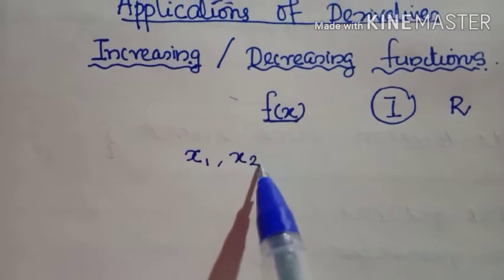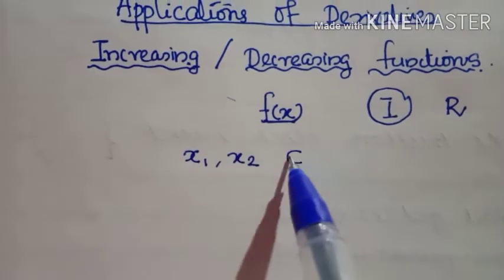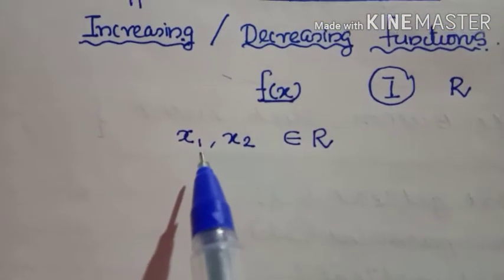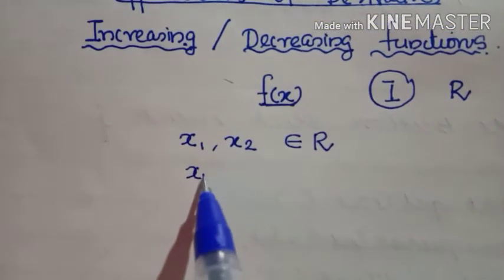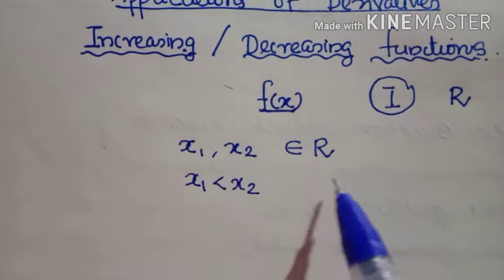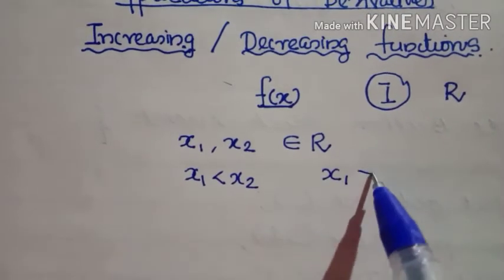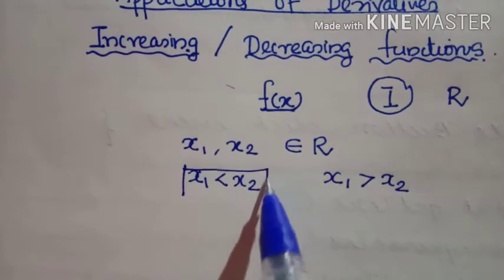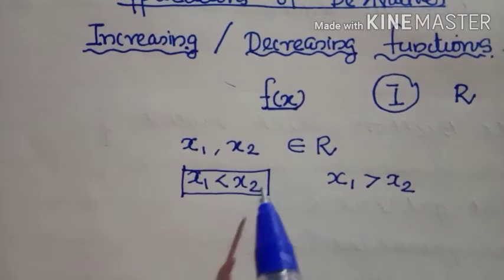Let us take x1 and x2 belonging to this real line. Now, either x1 is less than x2 or x1 is greater than x2. Let us take x1 less than x2.